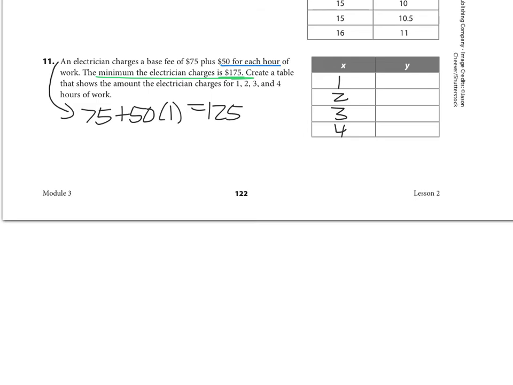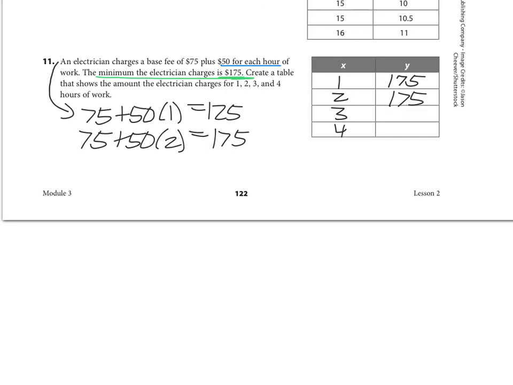So even though we get that using this formula, he still charges 175, no matter what. Okay? So what I have to do is try this formula with each hour, see how much I get. So 75 plus 50 times 2, well, that would be 175. So 175.